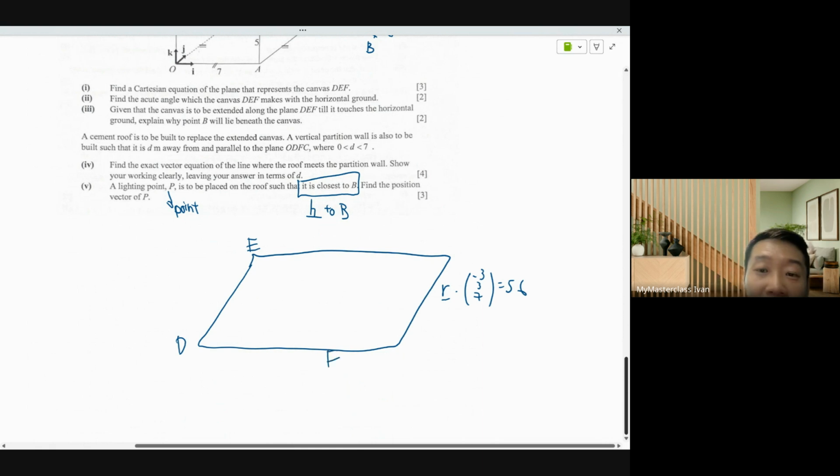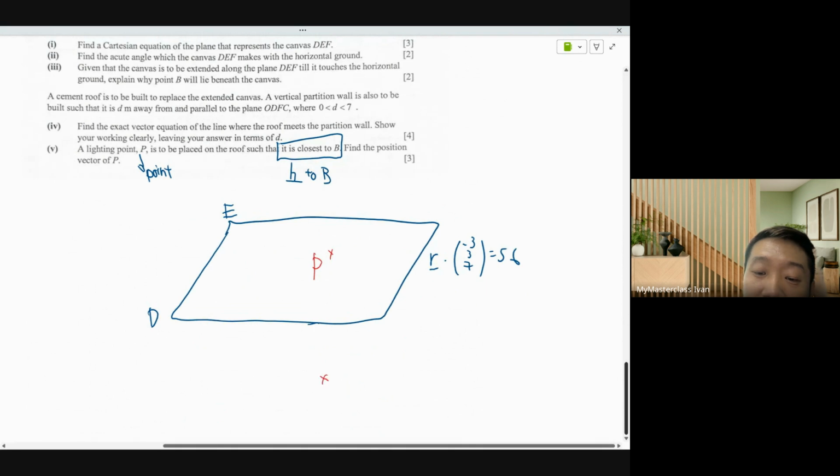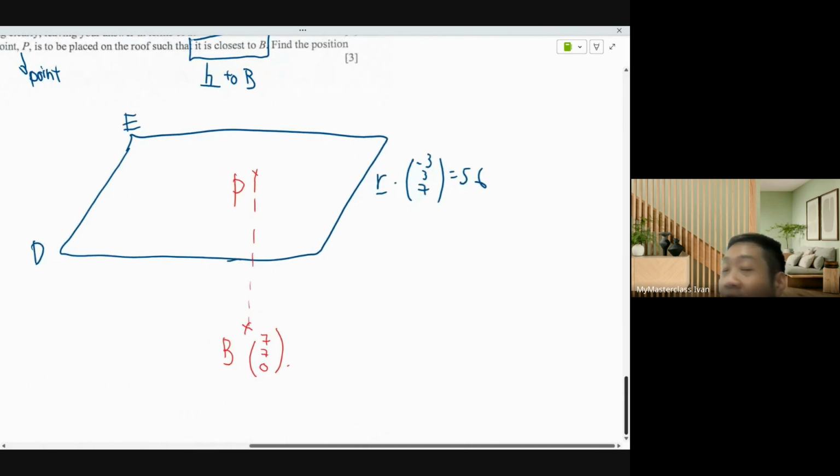P is closest, which means it's directly above B. B we already have, 770. BP forms a what? A line.